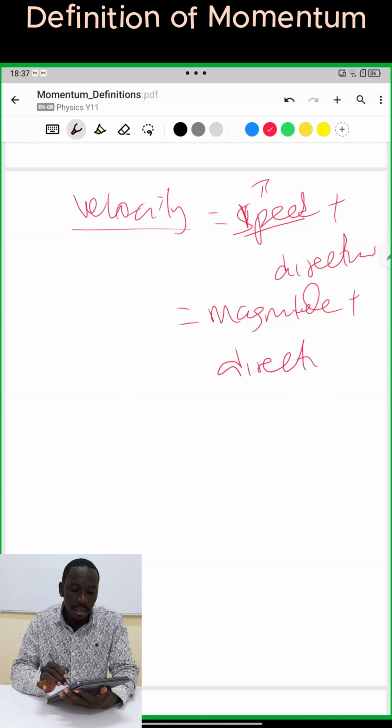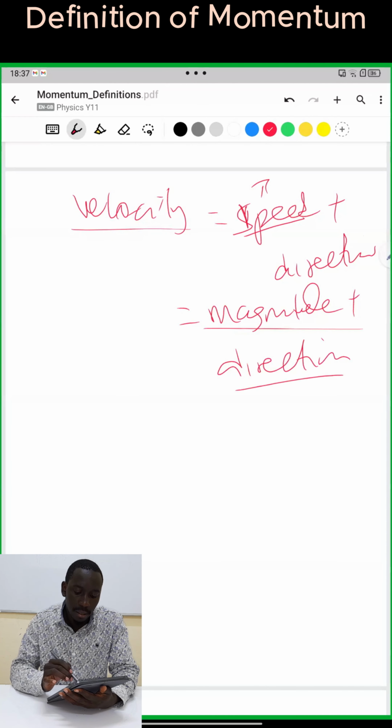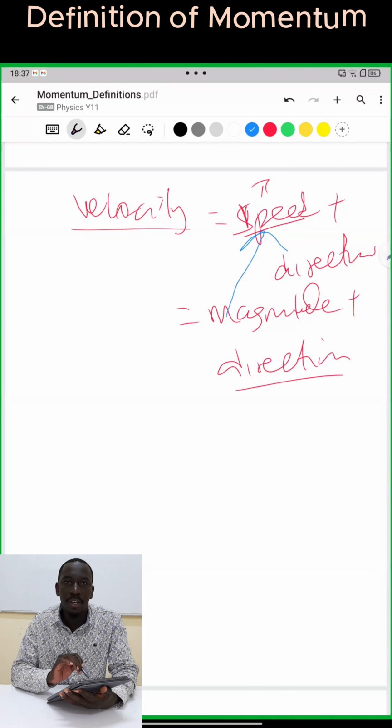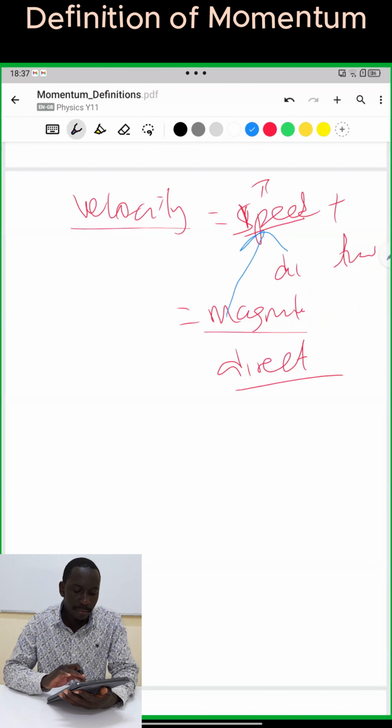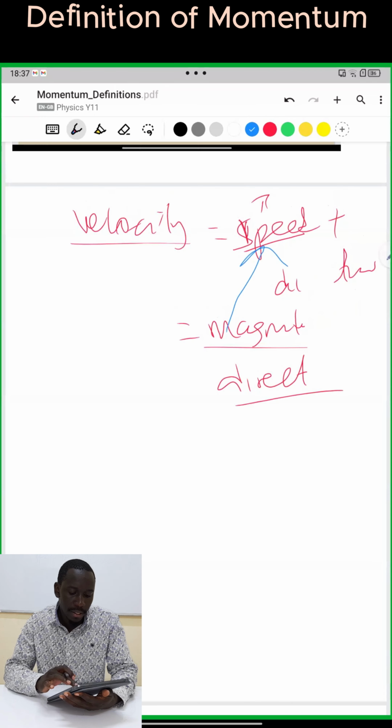For velocity here, the magnitude is the speed, and then of course we have the direction. So whenever we are given speed, it just means that speed is the magnitude of velocity in that case.